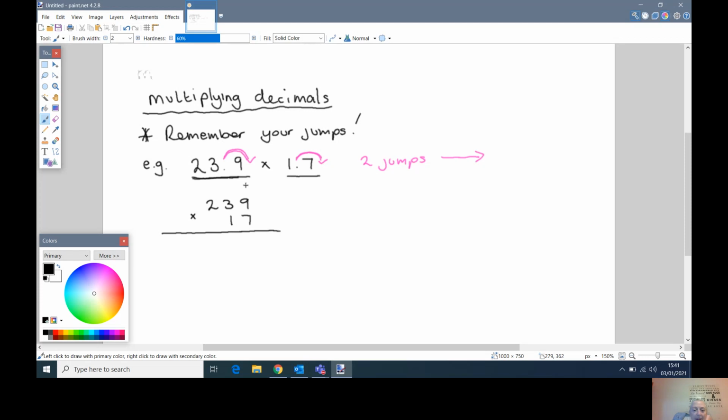Now, if we remember that these are units, these are tens, and these are hundreds, okay? That's important. And I always put these here if it helps. There's nothing wrong with doing that at all.